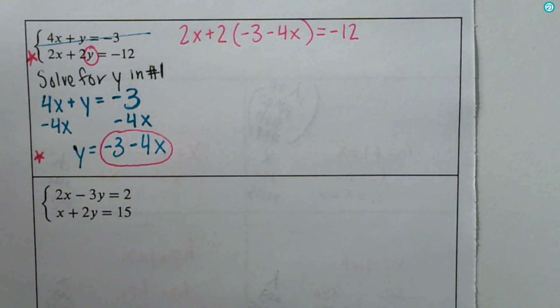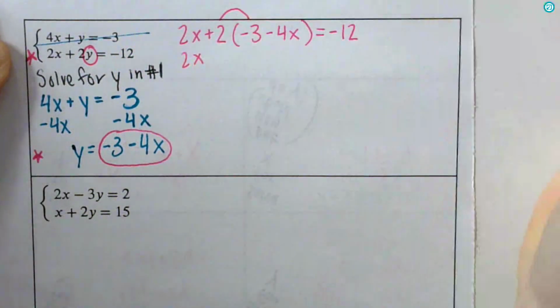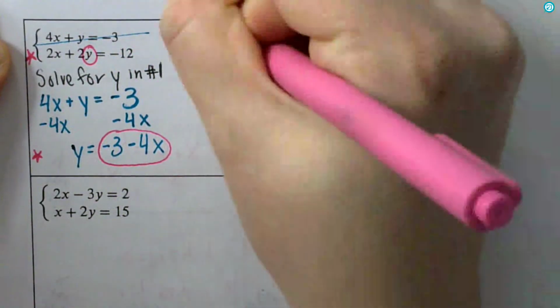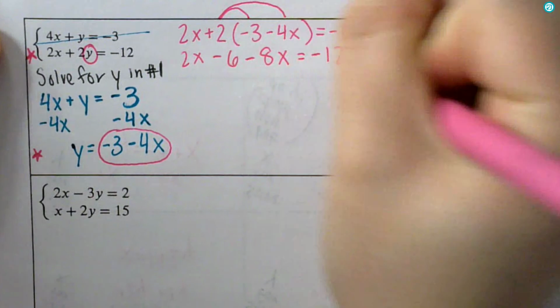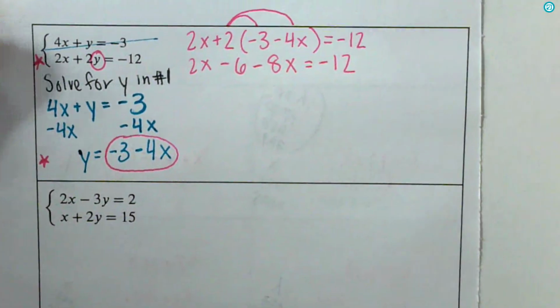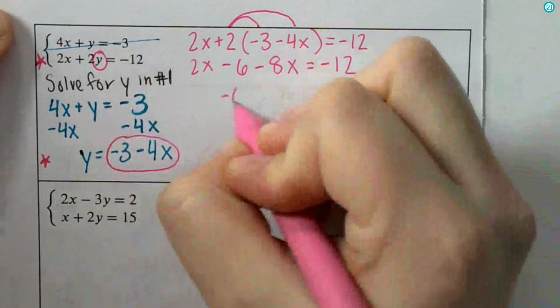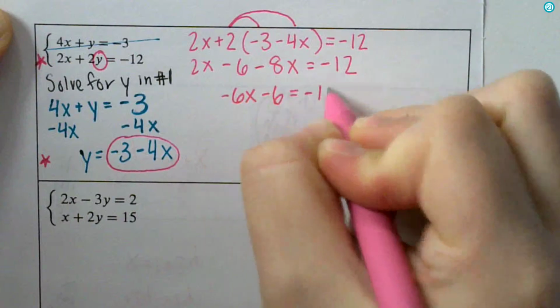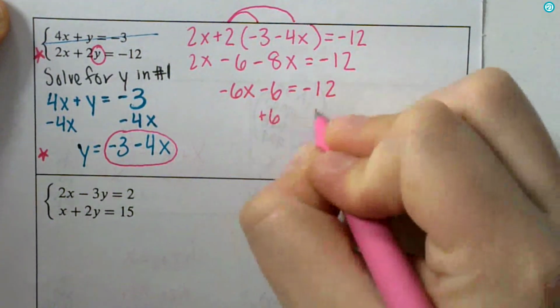Okay, and then step 3, distribute, combine like terms, solve, all that jazz. So we still have our 2x. We got 2 times -3, so that'll be -6. We've got 2 times -4x, that'll be -8x, equals -12. 2x minus 8x is -6x minus 6 equals -12. And then we will add 6 to both sides.